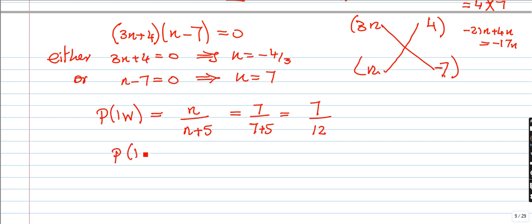And the probability of exactly one black is the number of black tiles, which, if you remember, is 5, over the total, which is n plus 5. So this is 5 over 7 plus 5, which is 5 over 12. So that's it.